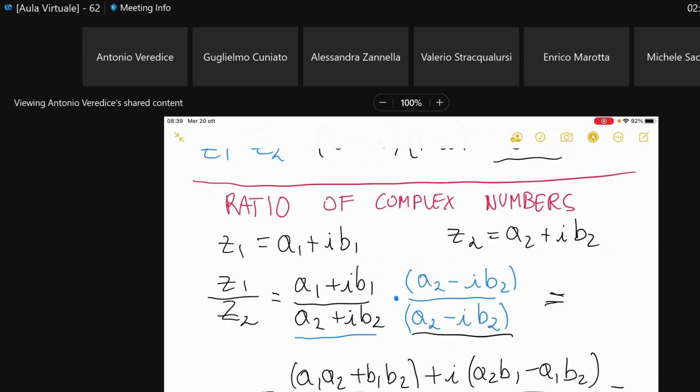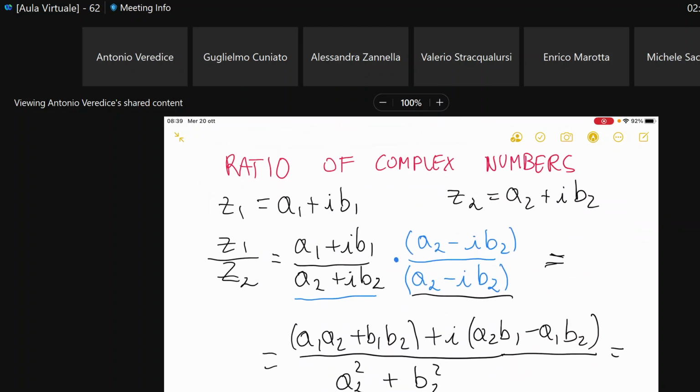Once you have this form, now we can separate the real part from the imaginary part. Don't forget that you have a denominator. So it is (A1 A2 plus B1 B2) over (A2 squared plus B2 squared), plus I that multiplies (A2 B1 minus A1 B2) over the same denominator, A2 squared plus B2 squared.